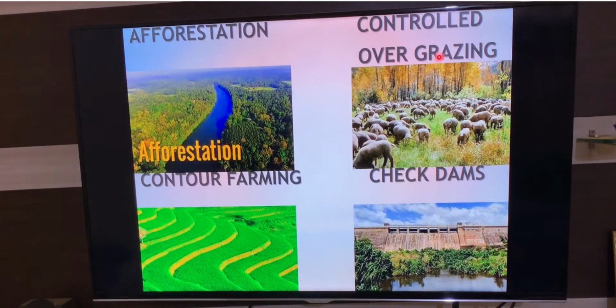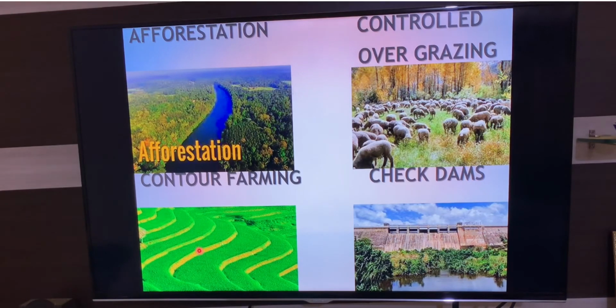In the previous slide we learned about conservation of soil. I have listed out the points regarding conservation, and through these pictures, it will help us to remember those points. First one is afforestation and reforestation. Next one is control overgrazing.